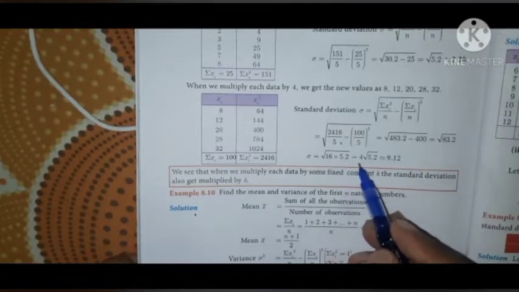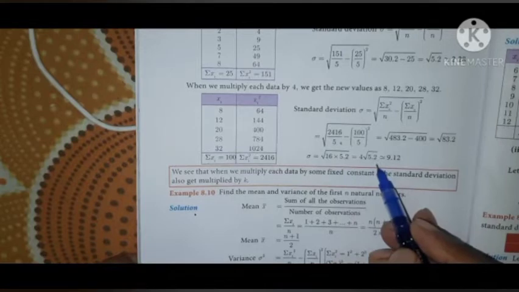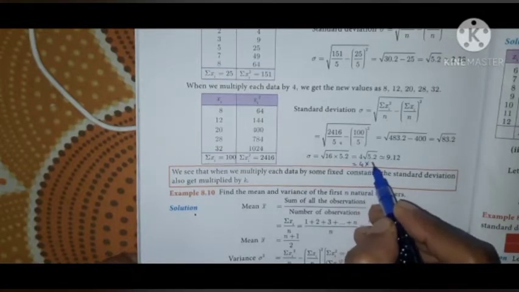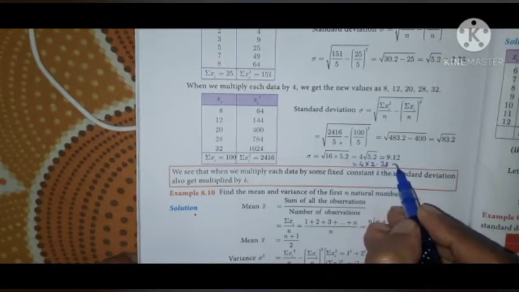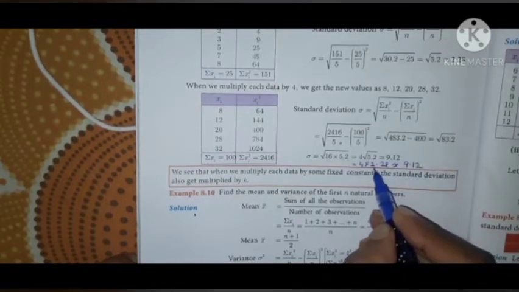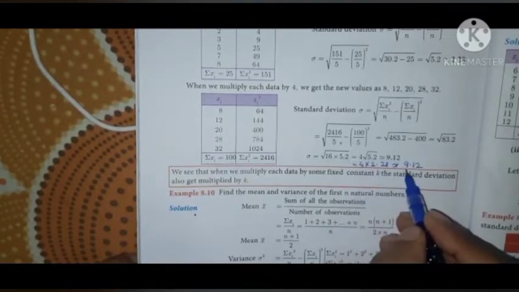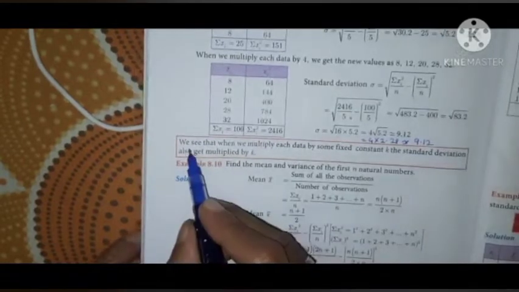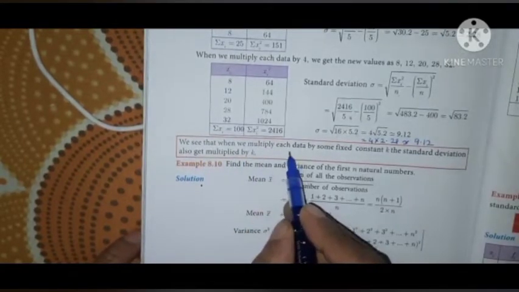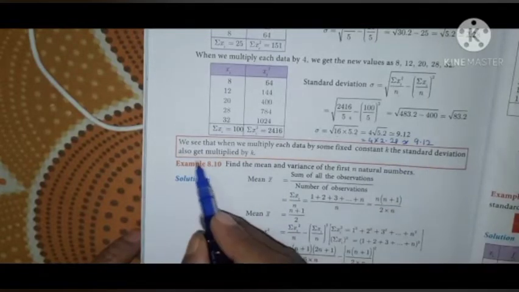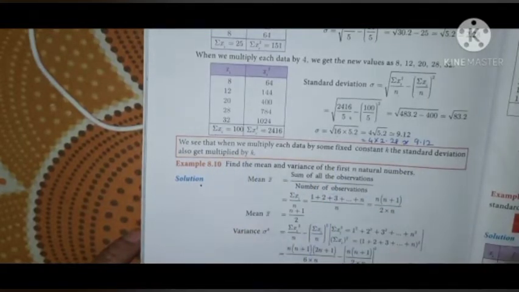Root of 16 is 4. Root of 5.2 is 2.28. Approximately we get 9.12. The old standard deviation is 2.28. The new standard deviation is 9.12. We see that when we multiply each data by some fixed constant k, the standard deviation also gets multiplied by k.